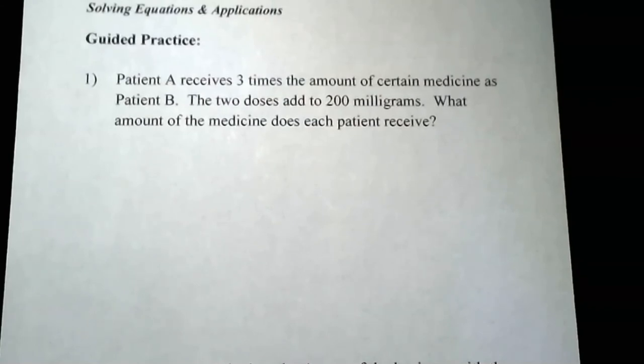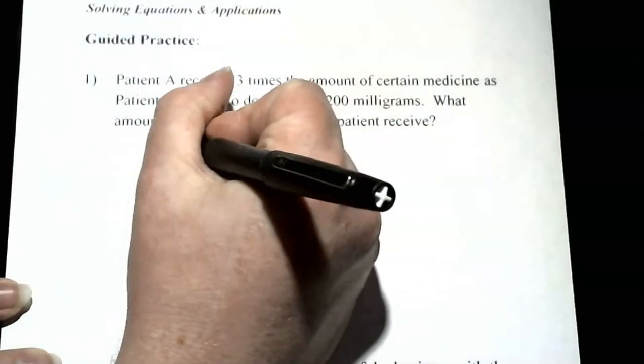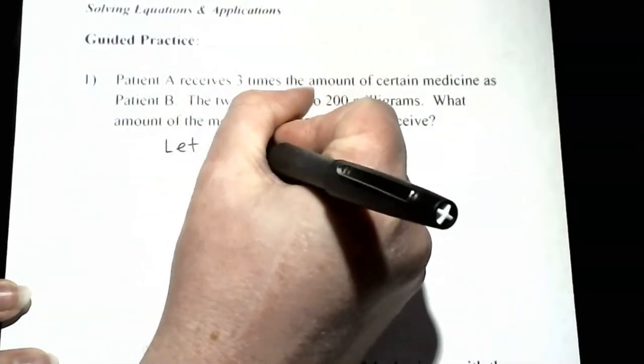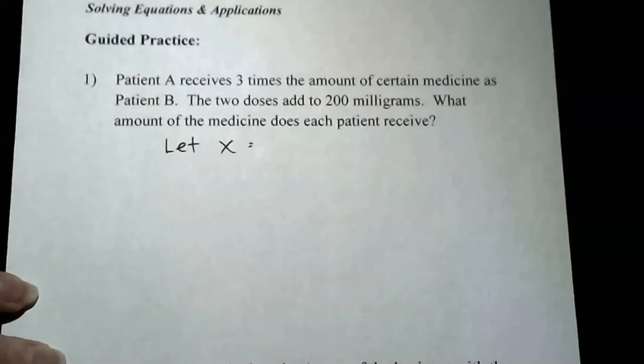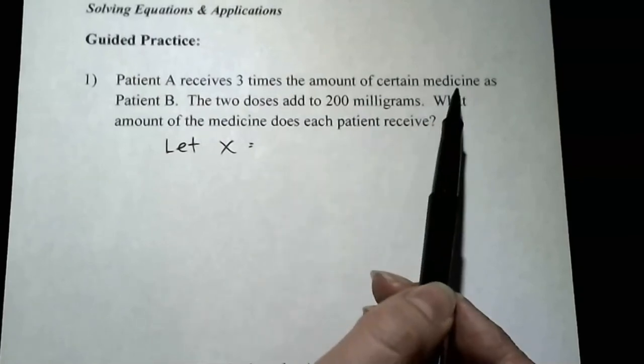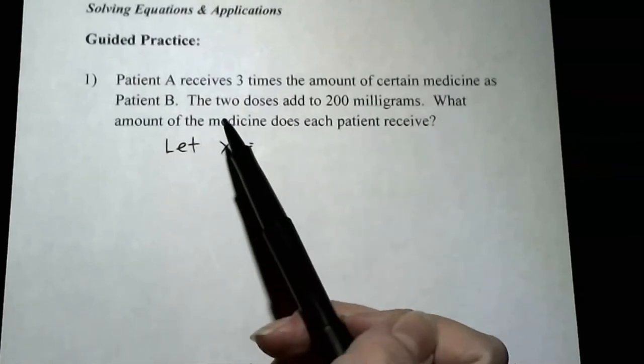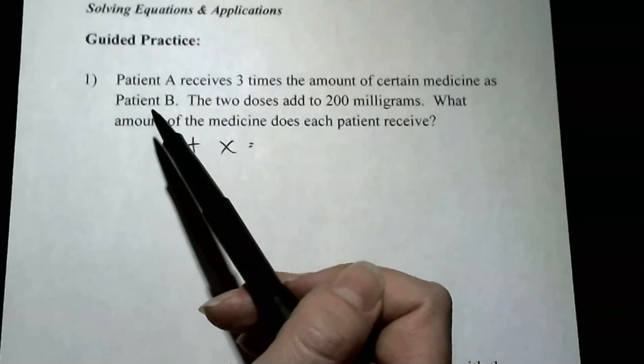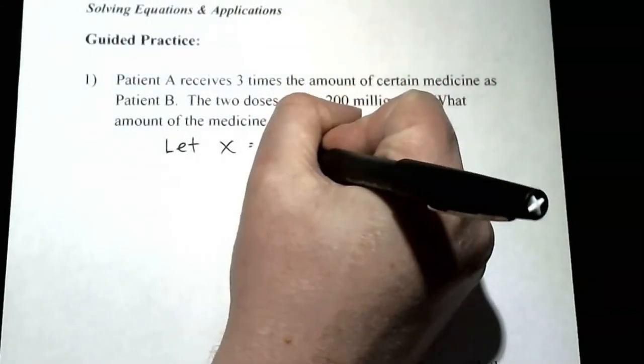What amount of the medicine does each patient receive? So just like what we just finished up, you're talking about 2 different patients here. So we're going to have to figure out how we're going to write this. Patient A receives 3 times as much as patient B. I don't know anything about patient B then. That's my X.